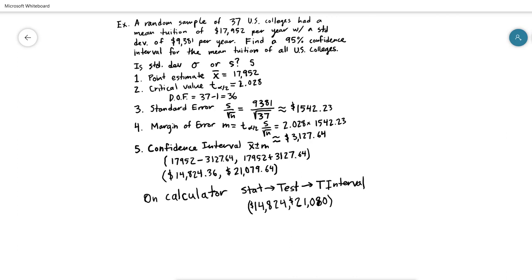So there are our results. You can see that they agree with the results that we computed by hand if we round to the nearest dollar.